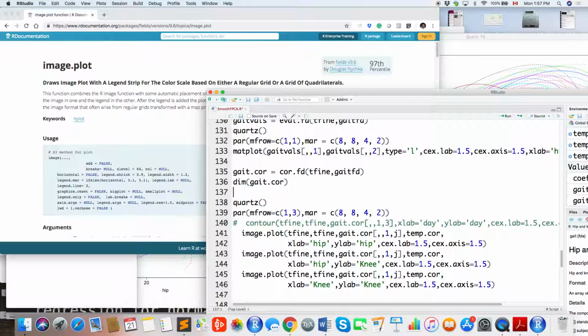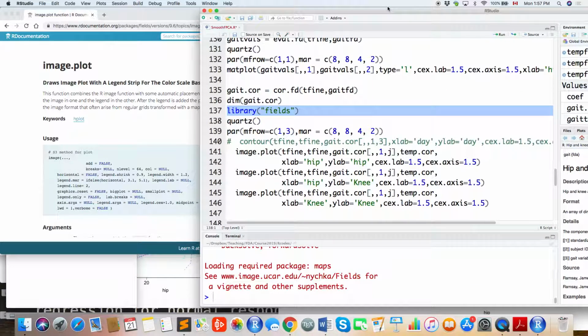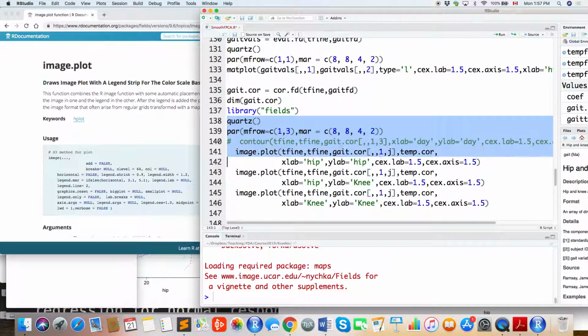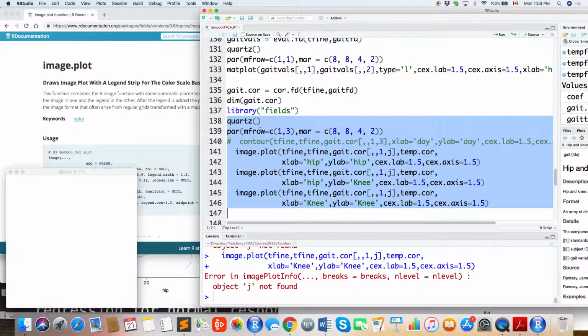I had to download the library fields, so I can look at the correlation coefficients for these two covariates.